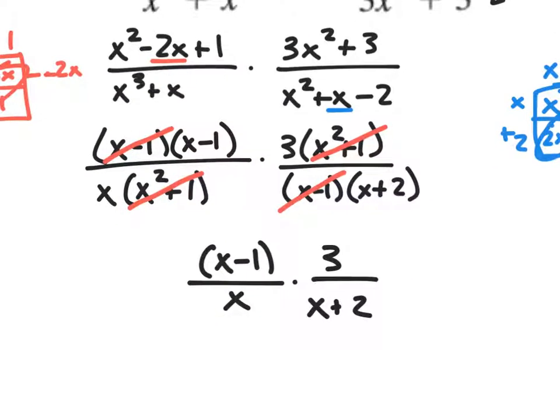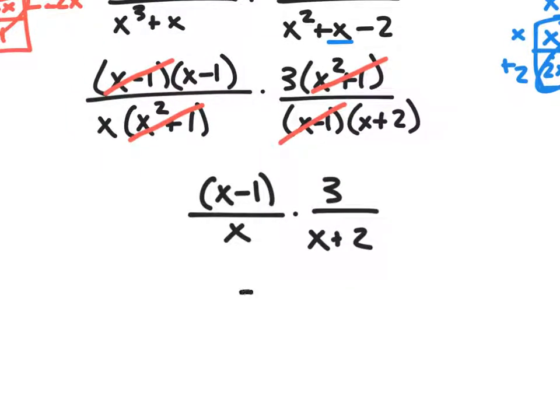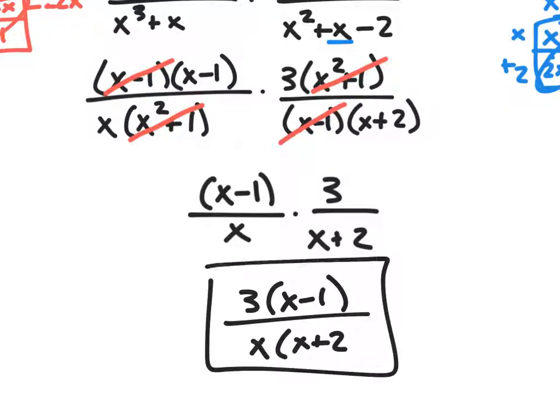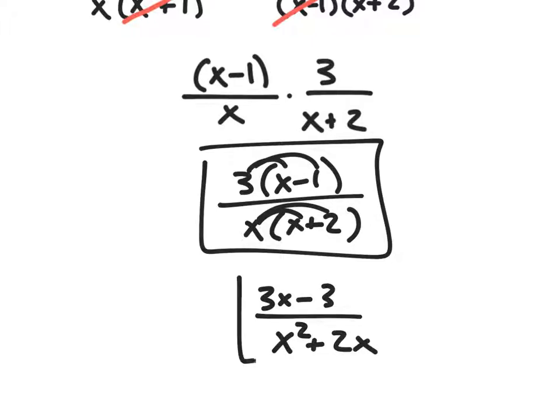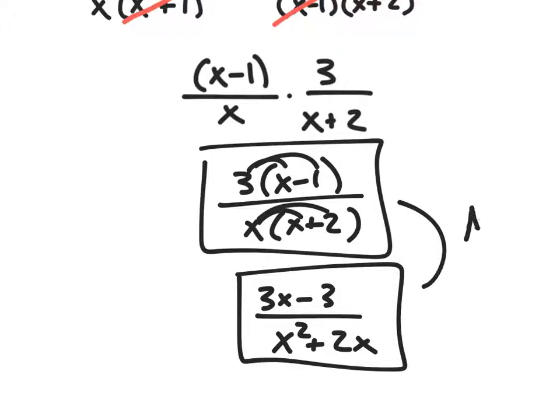Let's write it at least as one fraction. Let's write this as 3 times x minus 1 and then x times x plus 2. This would be fine. This is pretty easy to multiply through. That would give you 3x minus 3 over x squared plus 2x, and that would be your answer. Either one of these is okay.